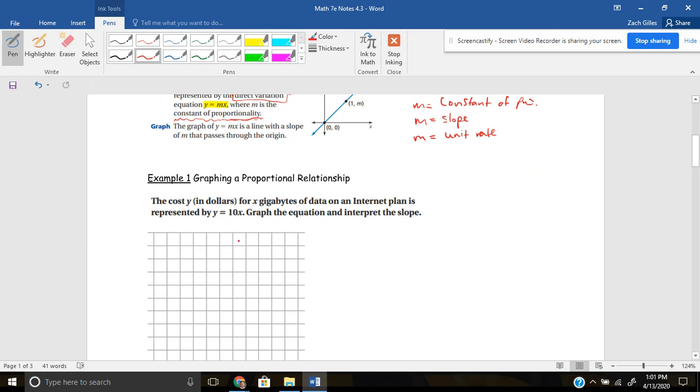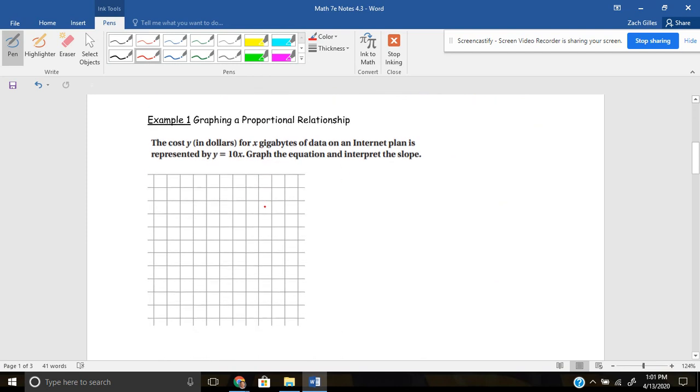All right, let's see what it actually looks like to graph a proportional relationship. It says the cost y in dollars for x gigabytes of data on an internet plan is represented by y equals 10x. It wants us to graph the equation and then interpret the slope.